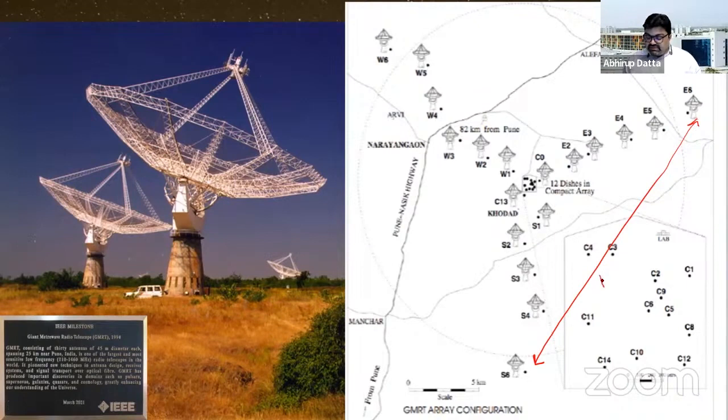So if this is B max, then the resolution of this array is proportional to lambda over B max. And that's how we avoid the impractical design. We can make a much smaller number of dishes, many of them, and the largest distance between any two antennas is a proxy for that lambda over D for a single dish.